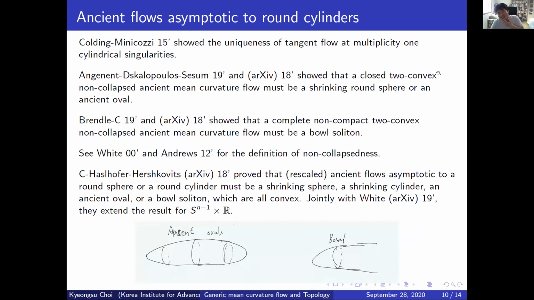Two-convex means that you have the principal curvatures of a hypersurface, and if you choose any two different principal curvatures and add them, and the sum is positive, then we call this two-convex. Sorry, this is quite an artificial condition, I know. But two-convex is just mean convex in the R3 case, so this is nice enough.